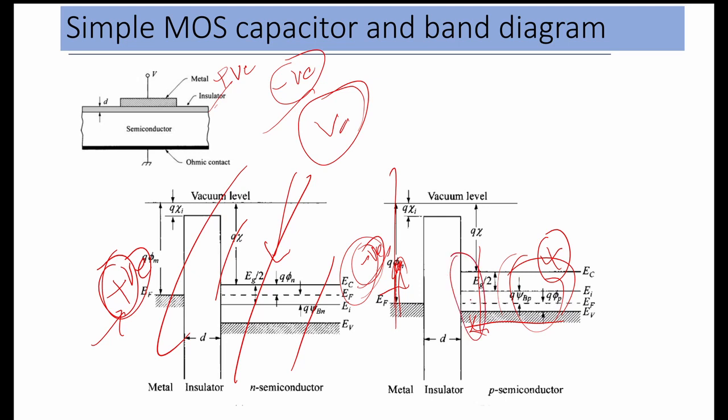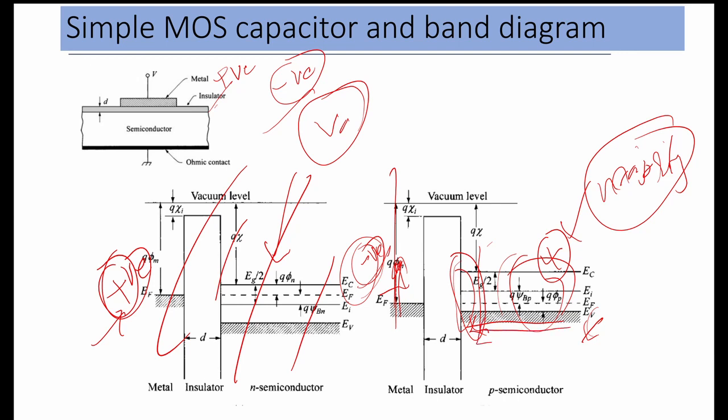Because it is a P-type semiconductor, holes are the majority carriers and there is an abundance of them, so a sheet of hole charges will accumulate at this junction. There will be too many holes at the junction.